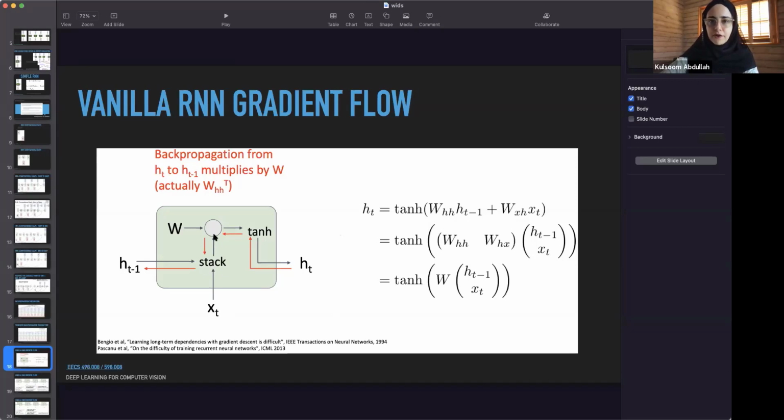Those are put together and multiplied by this weight matrix. And then the tanh is the activation function that's applied to the sum of those two, each multiplied by its respective weights.